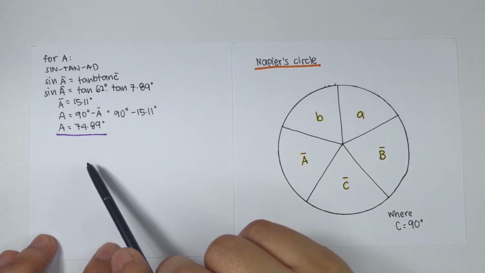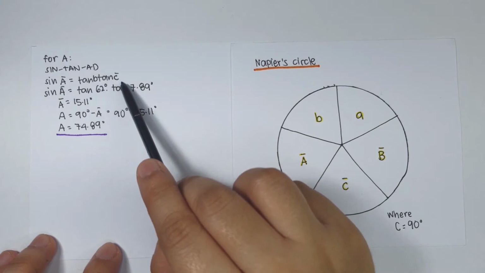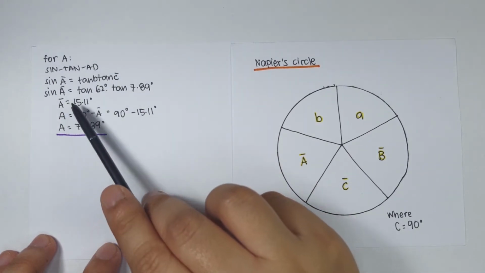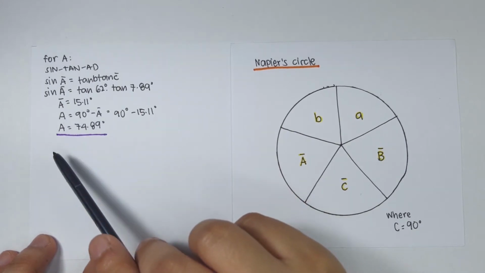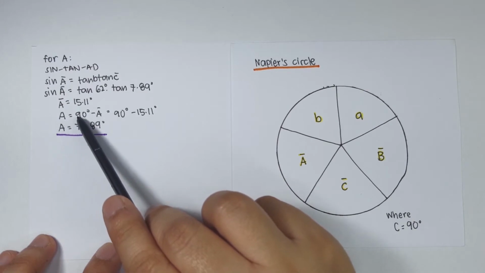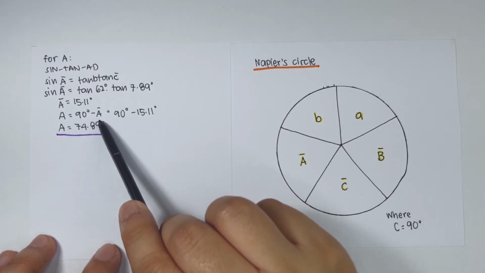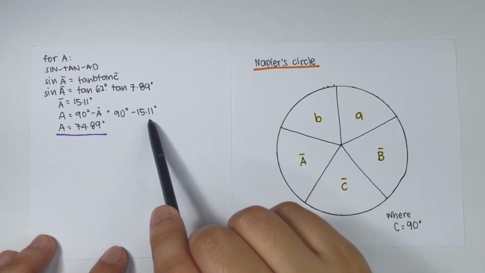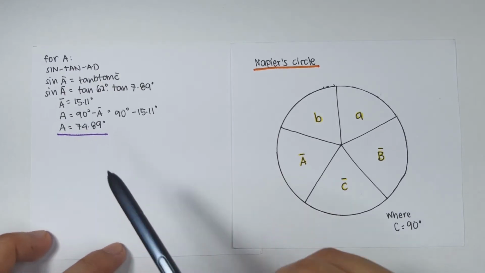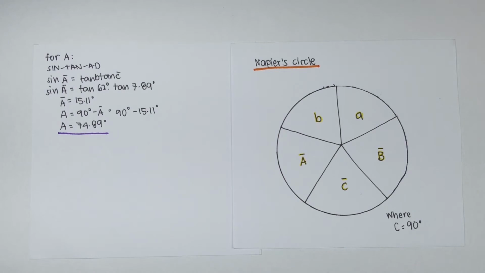And take note class that we have already solved for the value of C bar from our previous solution. So A bar is equal to 15.11 degrees. Okay? And angle A is equal to 90 degrees minus A bar. So that is 90 degrees minus 15.11 degrees. So your angle A is equal to 74.89 degrees.